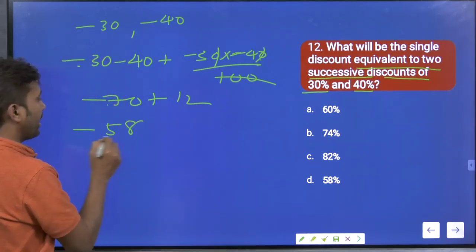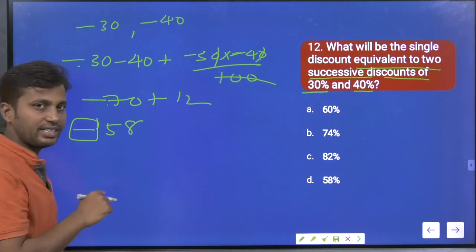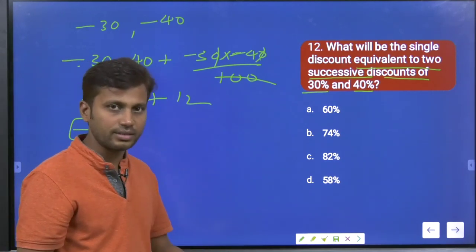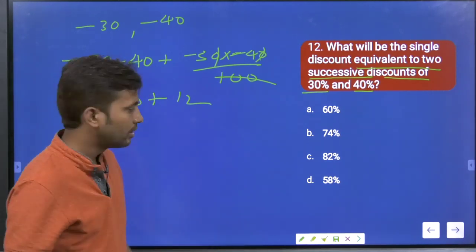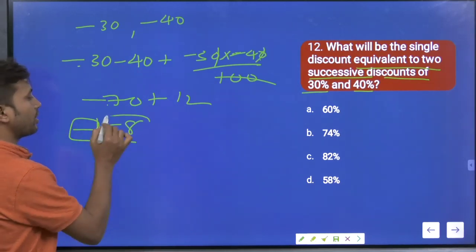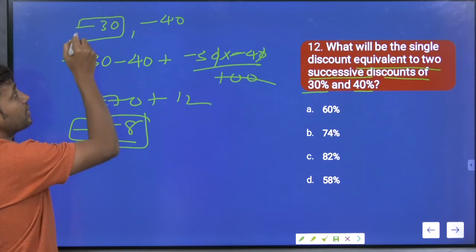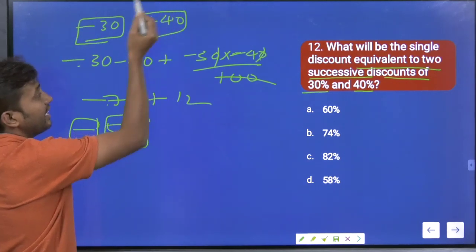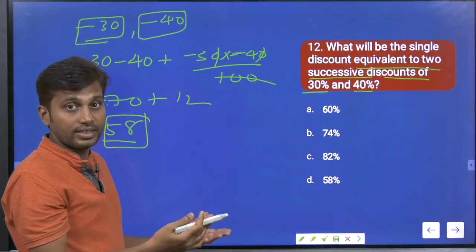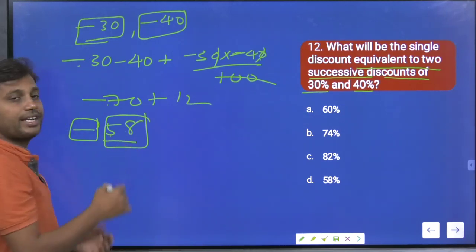Minus 58. Again we got minus, which represents a discount. Discount means reduction, reducing the value. So here minus 58 means what? It is equivalent to the result of 2 successive discounts of 30% and 40%: the single discount, the whole discount, would be 58%.